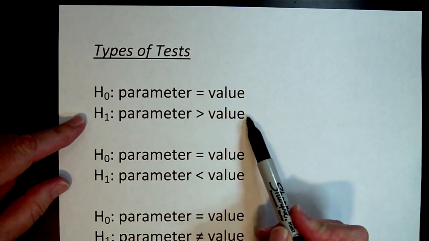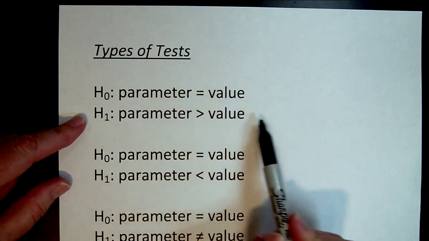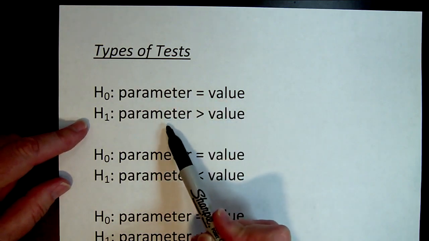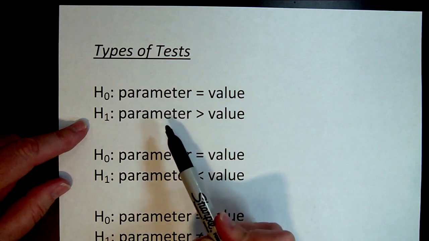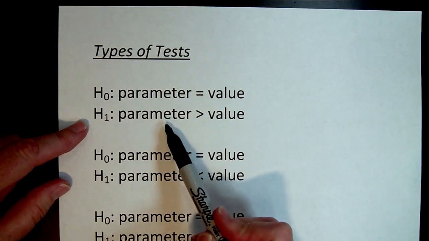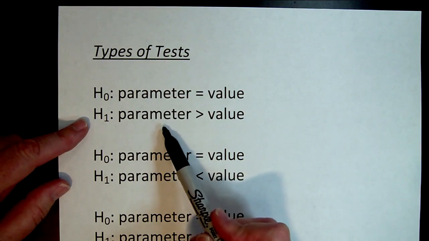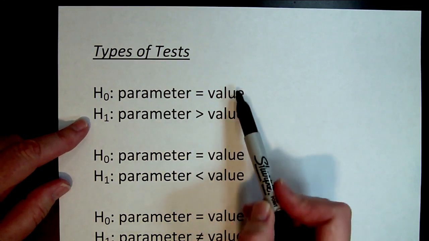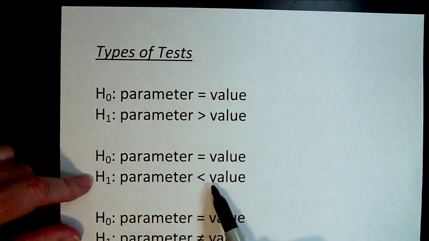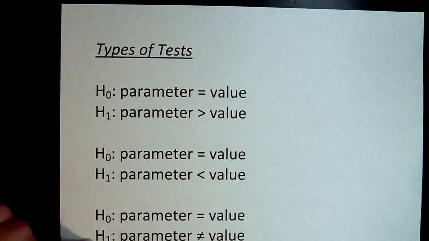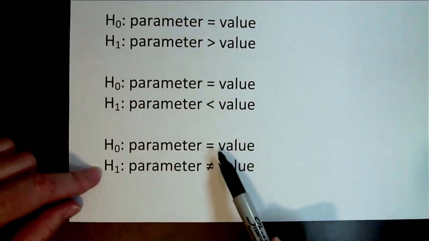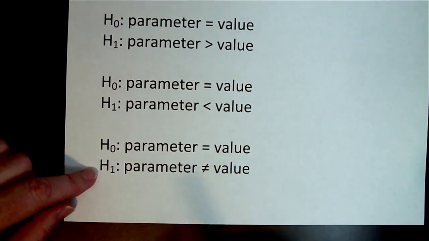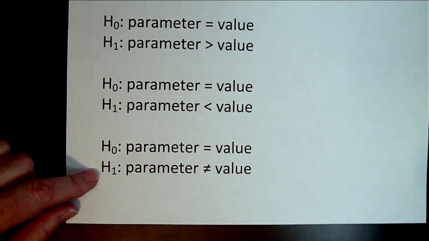The alternate is going to be a statement that contradicts this. So it could be a statement that the parameter, whether it's mean or proportion or standard deviation, is greater than some value, or that it's less than some value, or that it's not equal to some value. And I think we saw one example of each in those examples that we're looking at right now.